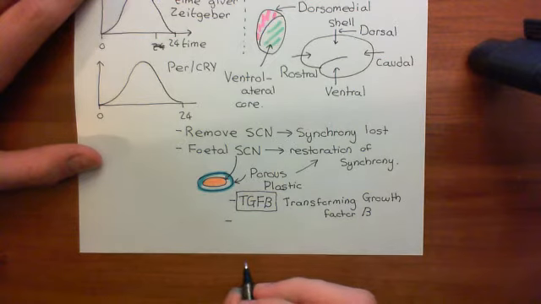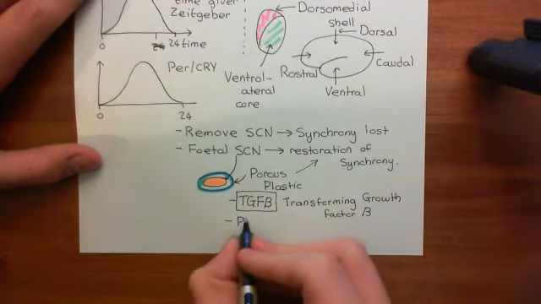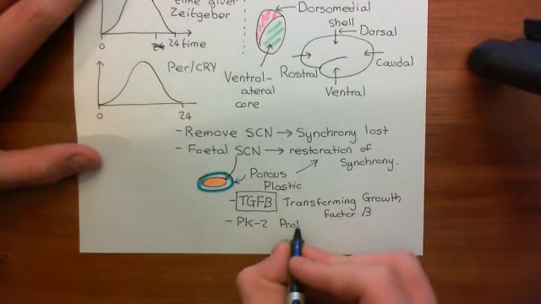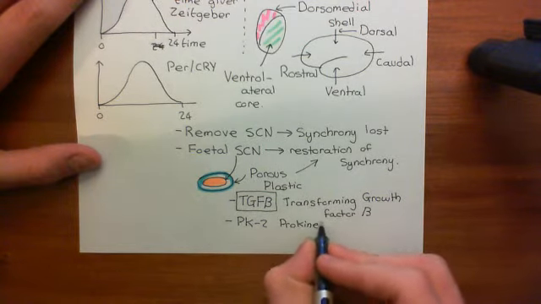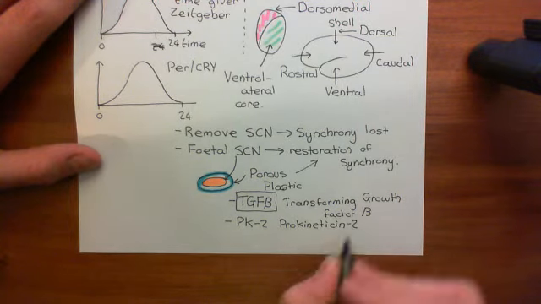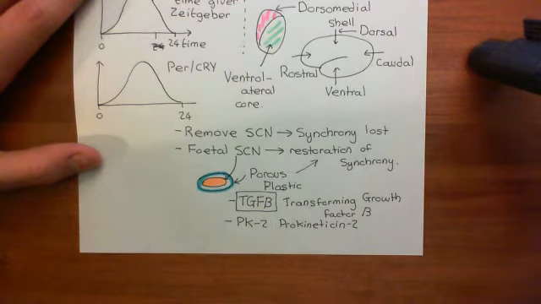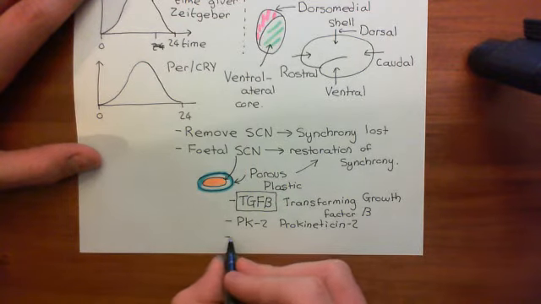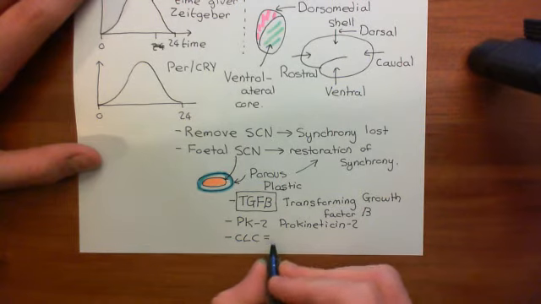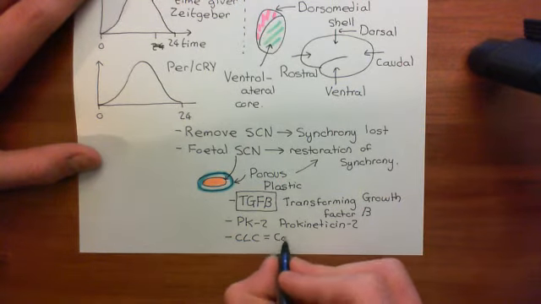Another candidate that we have is something called prokineticin 2, usually abbreviated to PK2. So the P is obviously for pro, and then the K for kineticin, and then the 2 for 2. And the final one is something known as CLC, which stands for cardiotrophin-like cytokine.